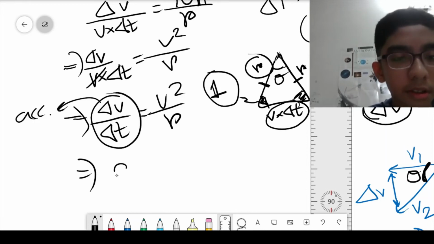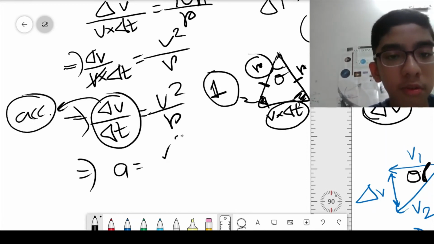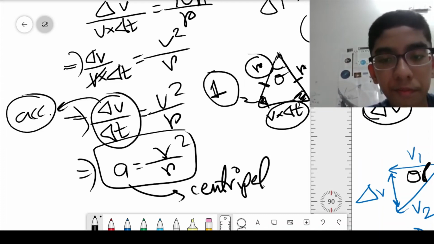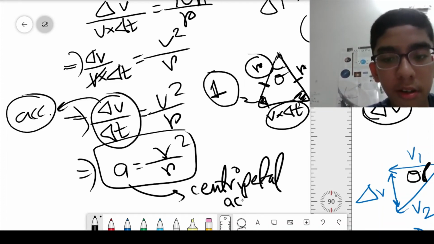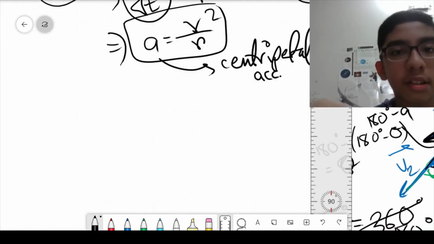Delta v divided by delta t. This acceleration is equal to v squared over r. This is actually what is called the centripetal acceleration. So this is our last step.